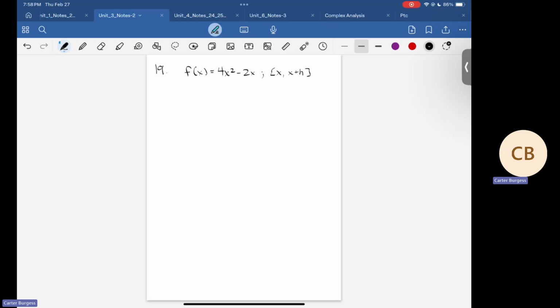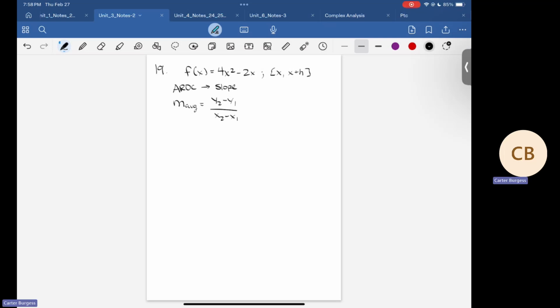All right. So just a reminder, average rate of change is just a pretentious way to say slope. And our formula for slope is (y2 - y1) over (x2 - x1).